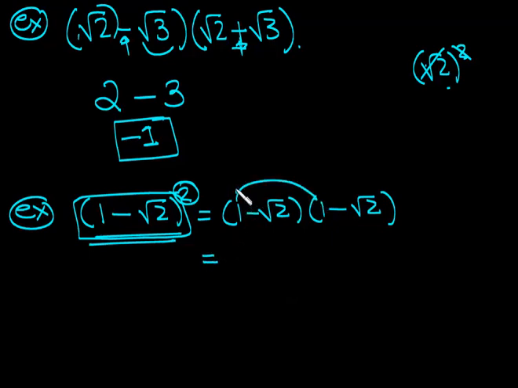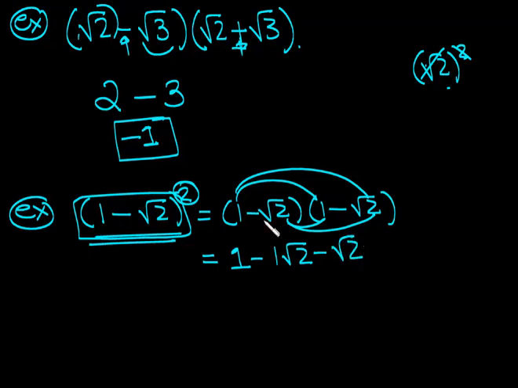Take 1 times this, 1 times this. So 1 times 1 is 1. 1 times square root of 2 is just 1 square root of 2. Then you distribute here. So you get negative square root of 2 times 1 is negative square root of 2. And then negative and negative is a positive, first of all. And square root of 2 times square root of 2, if they're identical, you just get 2.